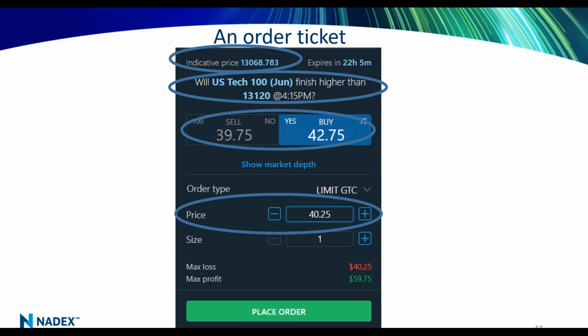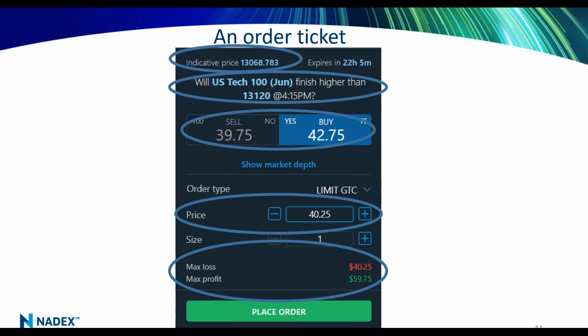Okay, NASDAQ is trading at 13,068. Will it be above 13,120 in 22 hours? Yeah, I think it's going to go higher. I could try to buy it at 40.25, and I could advertise my bid to buy one. I can say, hey, I'm willing to buy one. Now, someone might sell it to me or not. And that's the difference between a limit order and a market order.